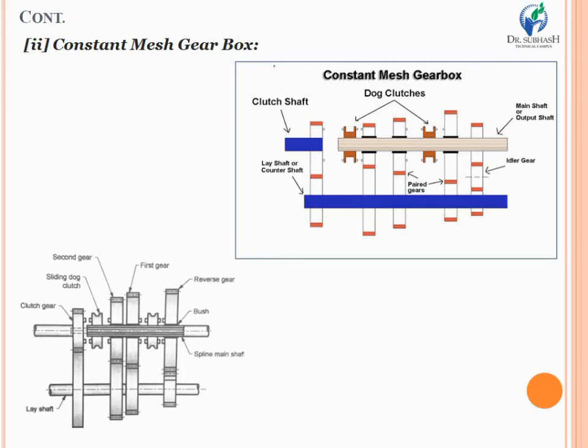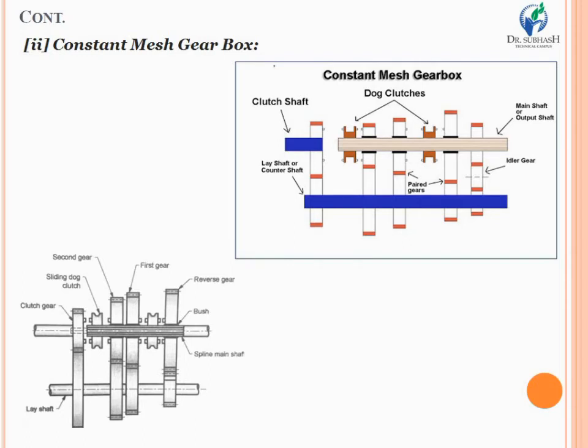When the left hand dog clutch meshes with the second gear, the second speed is obtained, and in the same manner, by sliding the right hand dog clutch to the left and right, the first speed gear and reverse gear can be obtained.